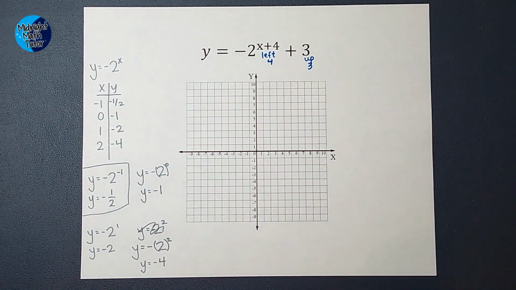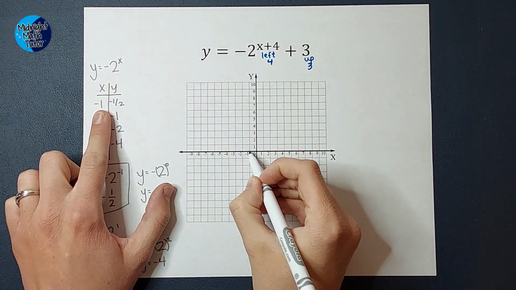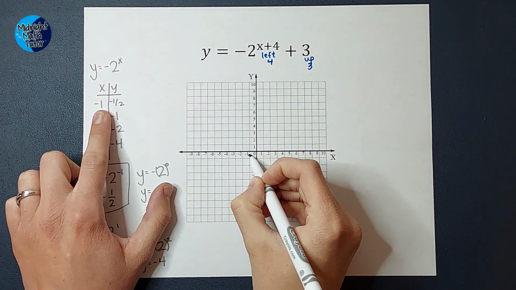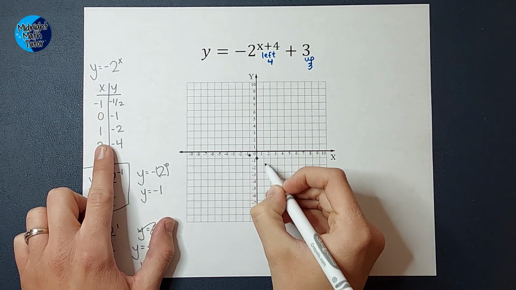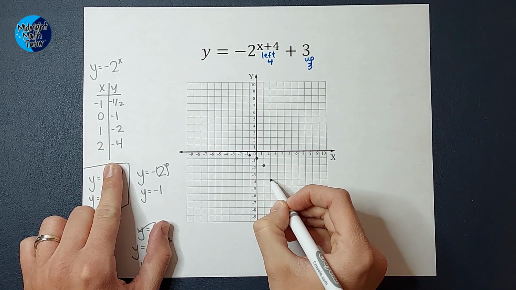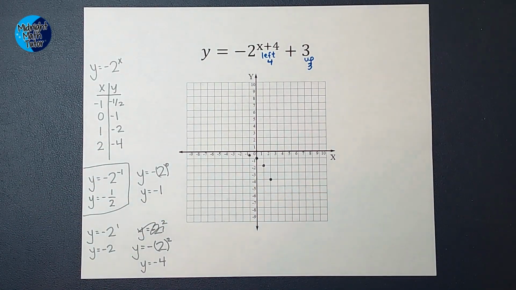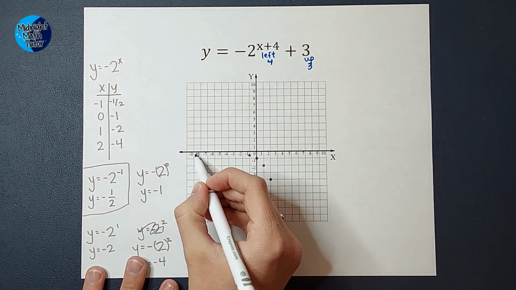Now let's go ahead and graph these and see what my parent graph looks like. I've got (-1, -1/2), (0, -1), (1, -2), and (2, -4). So this is what this looks like.